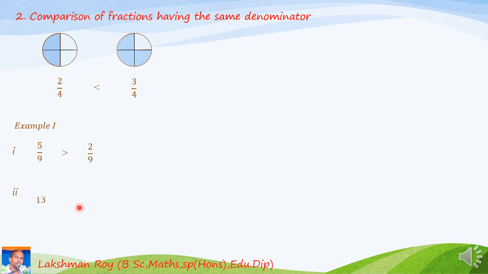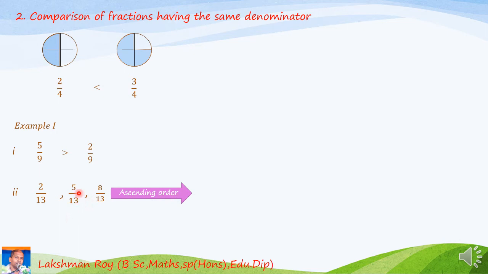Then another one, see, 2/13, 5/13, and 8/13. Now you can see in these 3 fractions the denominator 13 is equal. Now I want to arrange these 3 fractions in ascending order, small one to big one. So how to find the smallest one?